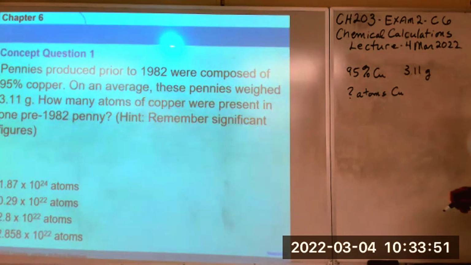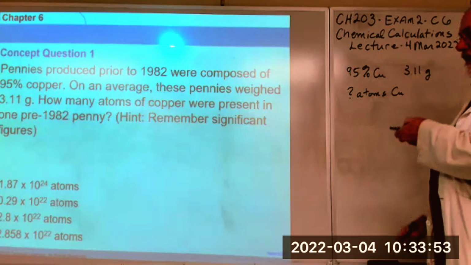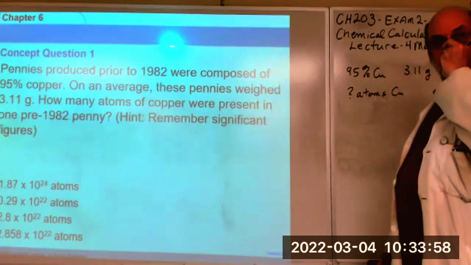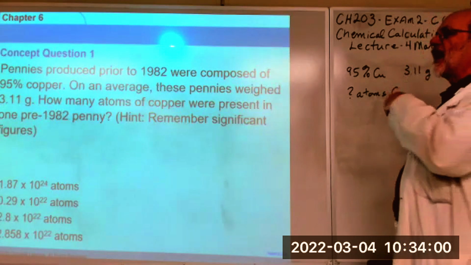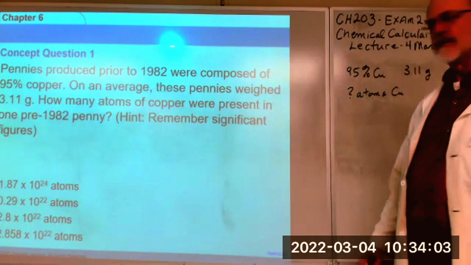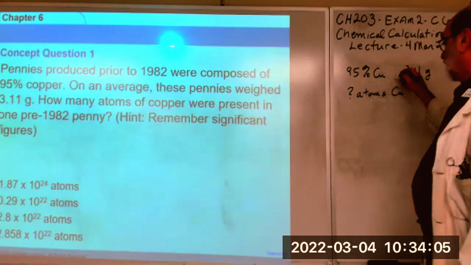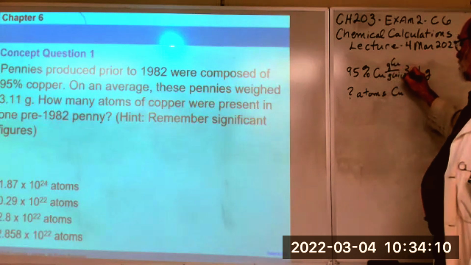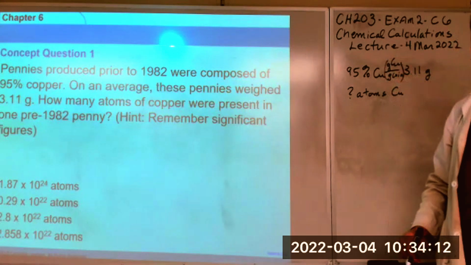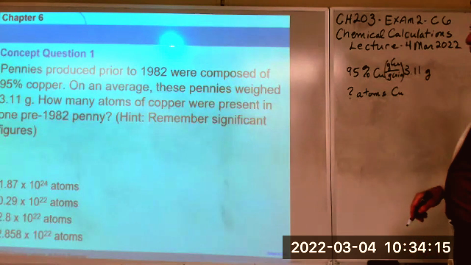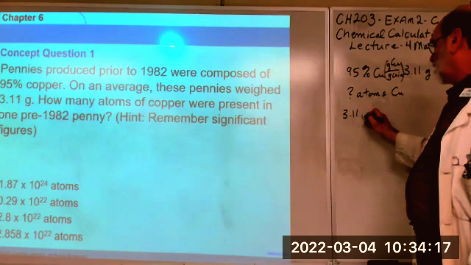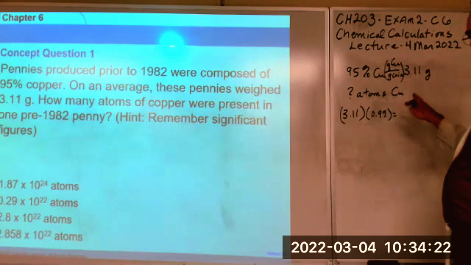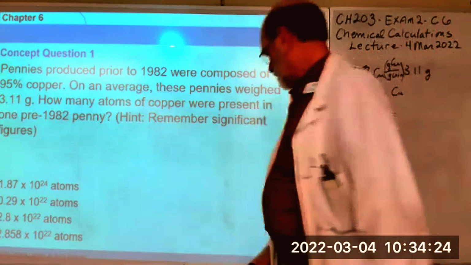Well, ask yourself this. How much copper is in that 3.11 grams? 95% means what? In this case, it means grams of copper per grams of coin. It's mass. So that means 3.11 times 0.95 equals the mass of copper that's in that coin.